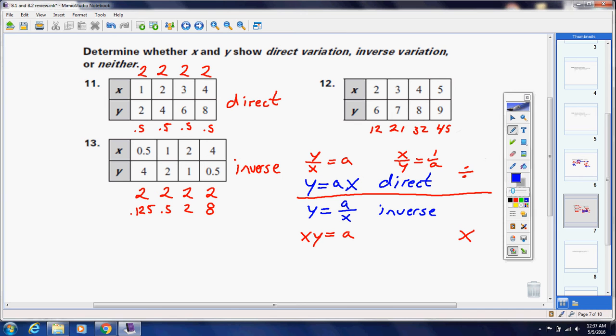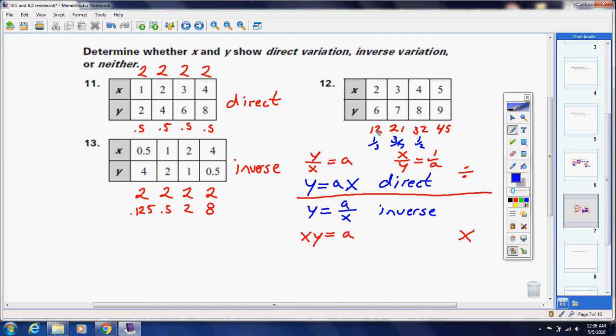Let's try dividing. 2 divided by 6 is 1/3, 0.333. 3 divided by 7, I'm not sure the decimal of that, but it's not 1/3. 4 divided by 8 is 1/2. 5 divided by 9, that's not any of these numbers either.